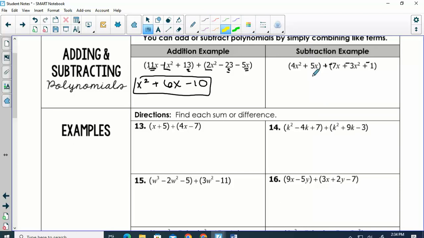If you have 4x squared and negative 3x squared, what does that give me? 4 plus negative 3. So 1. With our x, we have a 5x plus a negative 7x. And then what's left? 1. Yep, so you can write a minus 1.